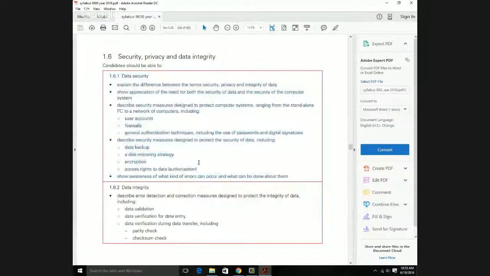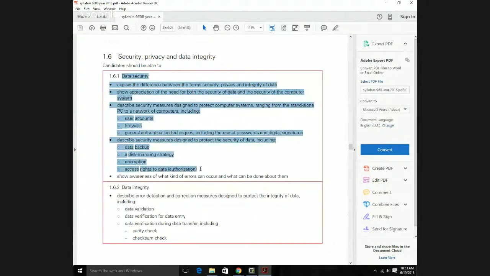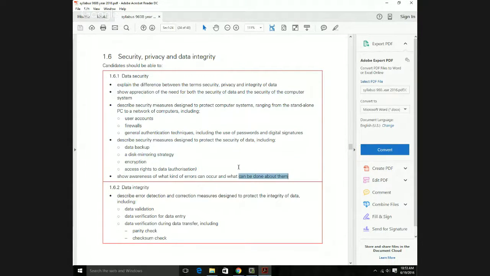So I guess what we were talking about is data security. Not just the basics, but some extra things that need to be learned, that is encryption. What I've seen in past papers and in CIE, which they really love to ask about, is encryption, the symmetric and asymmetric encryption, and the single key or two key encryption.